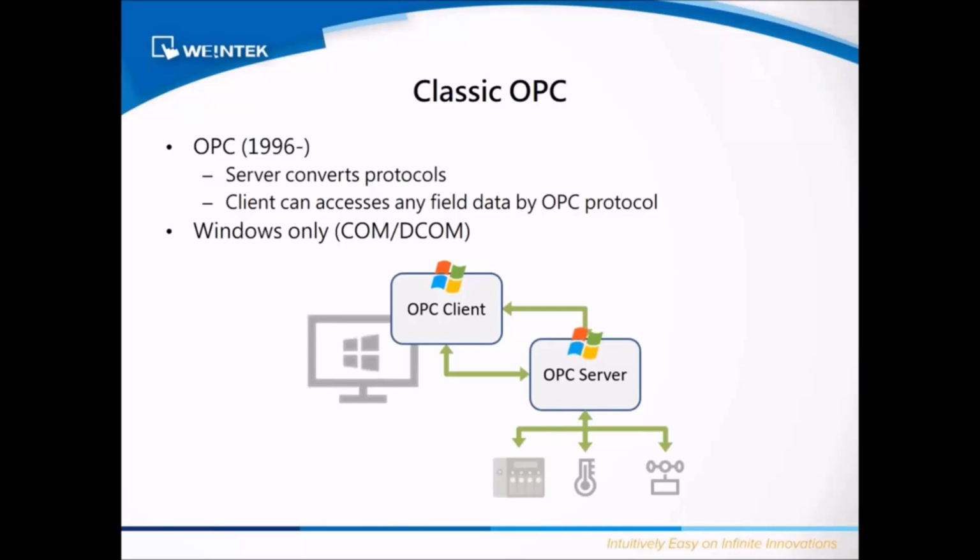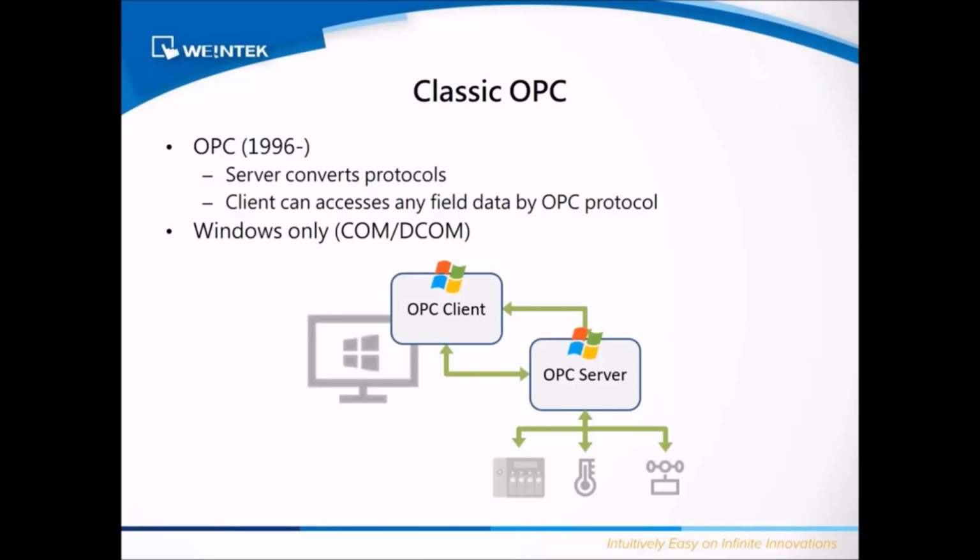And how you can use it is that you have one OPC client talks in OPC protocol to an OPC server. And the OPC server will help you to translate different machine languages into OPC language.